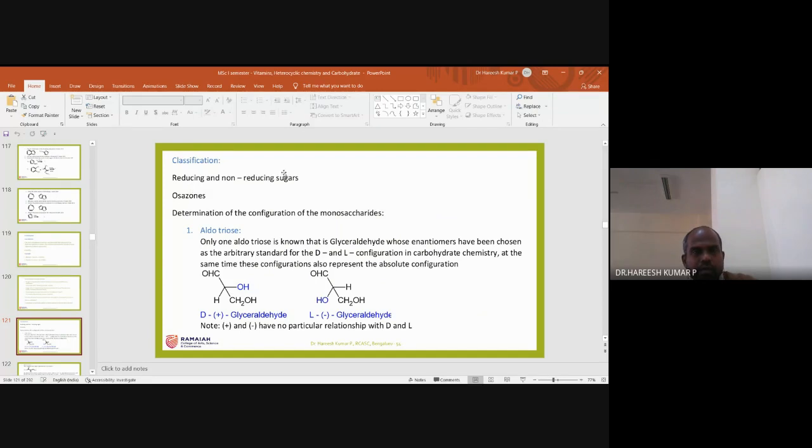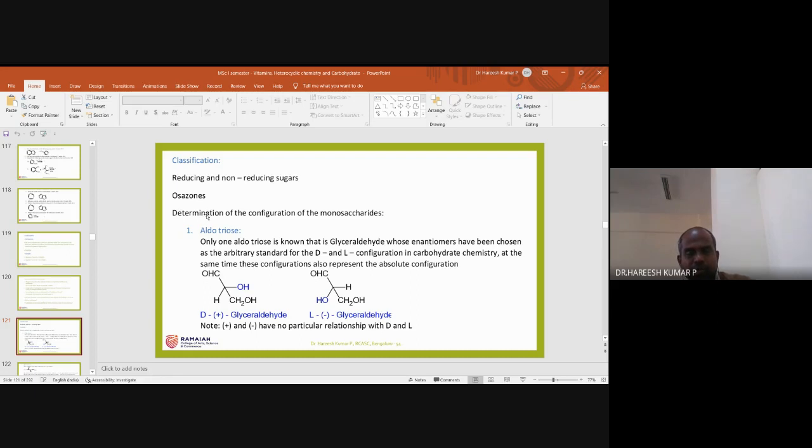And if you are looking into the classification of sugars or carbohydrates, these are classified into reducing sugars and non-reducing sugars, and they are also classified as osazones.